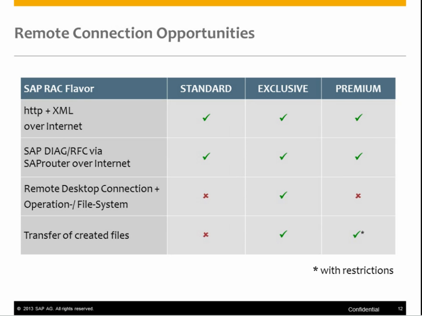That means the packages that you have developed, you can extract them or pass them over to the environment. With the Premium flavor, this is only available in a limited way with some restrictions. It depends on the particular use case and needs to be checked for every case that appears.